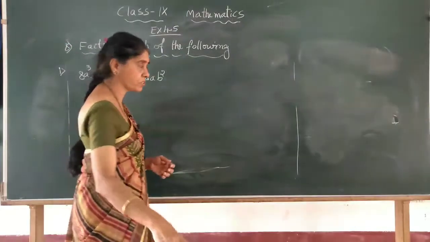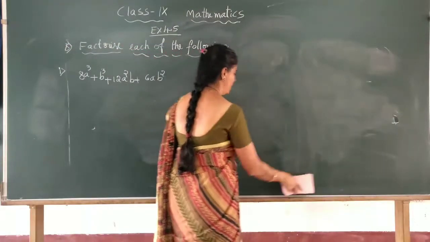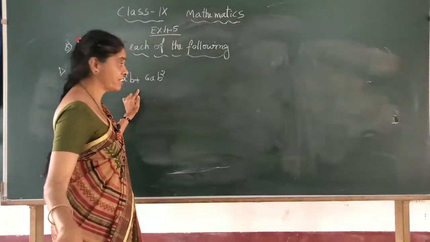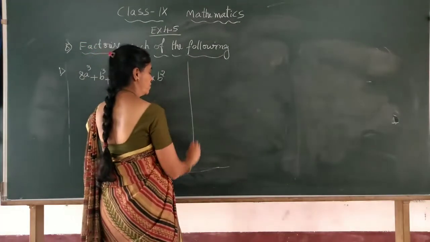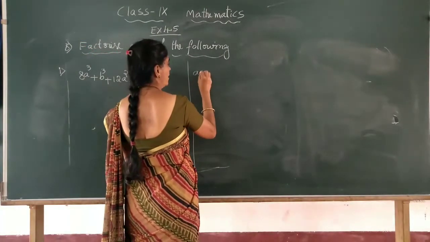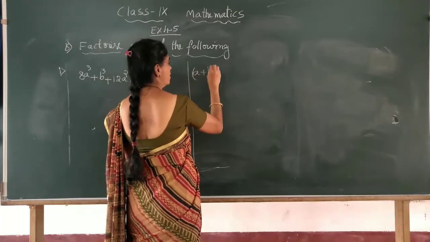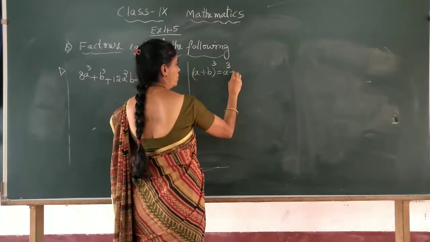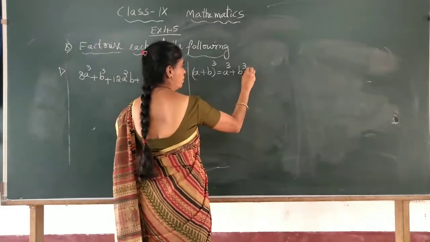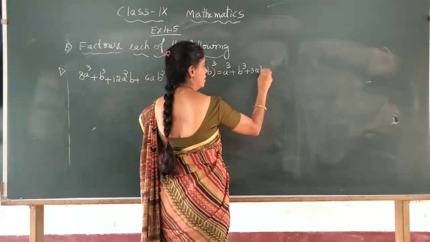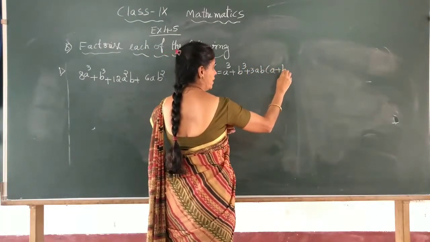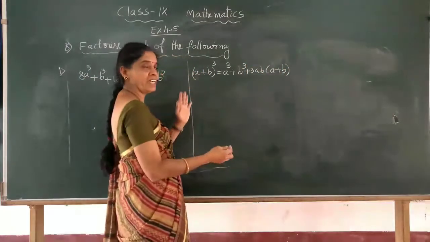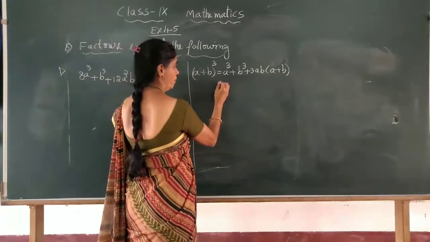They have used this identity, all plus. So, which identity have they used? They have used a plus b whole cube is equal to a cube plus b cube plus 3ab into a plus b. This format they multiplied and wrote in another format.